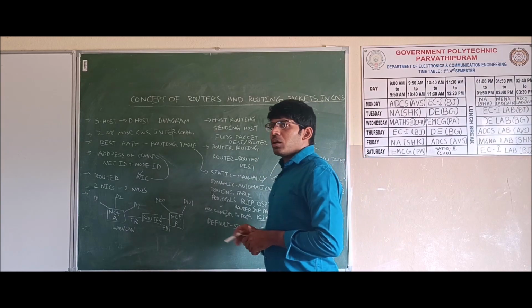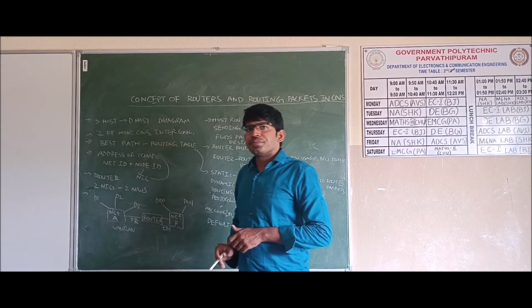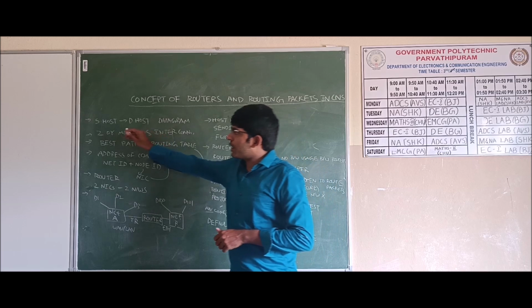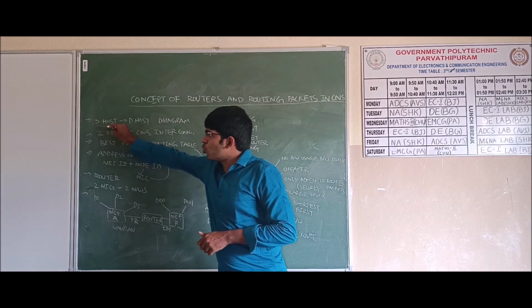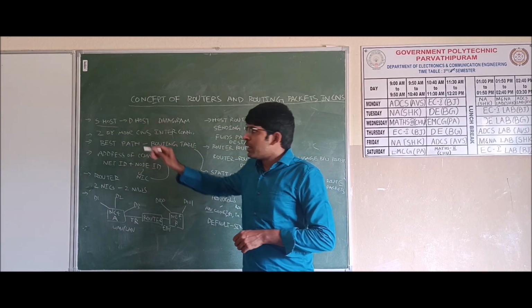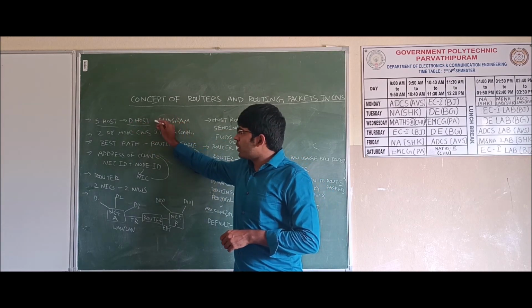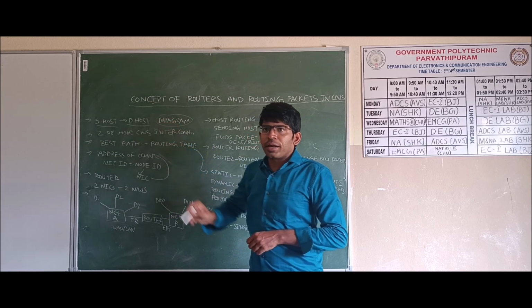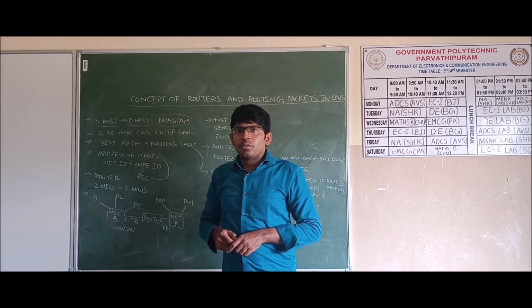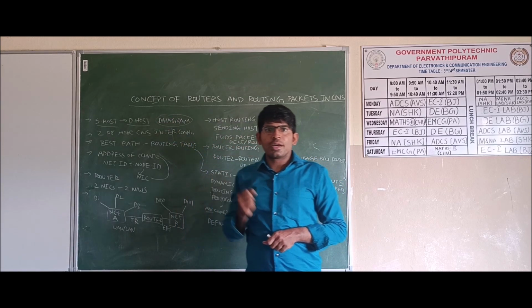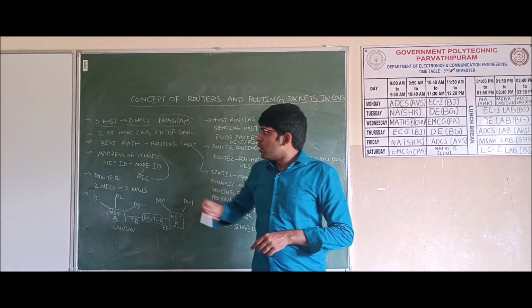Now the router takes care of sending these packets from the source host to the destination host in the form of datagrams. We have discussed the concept of datagrams previously.